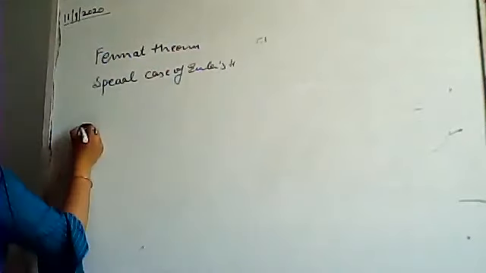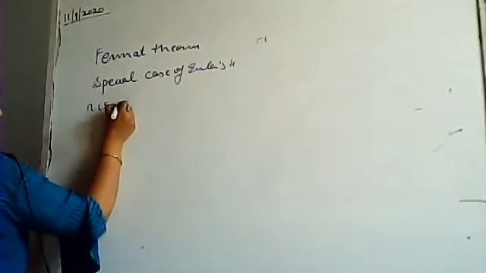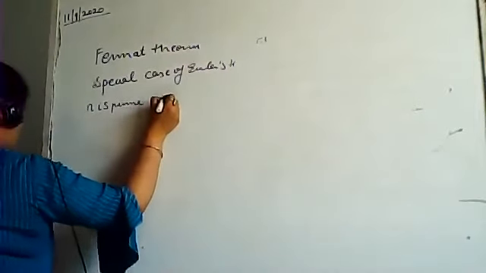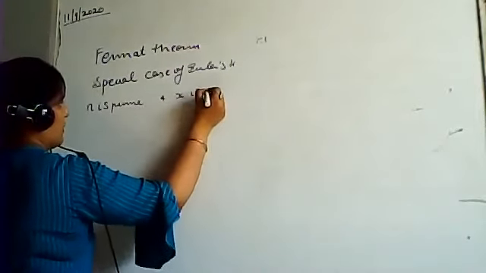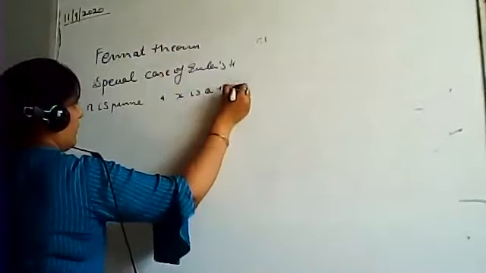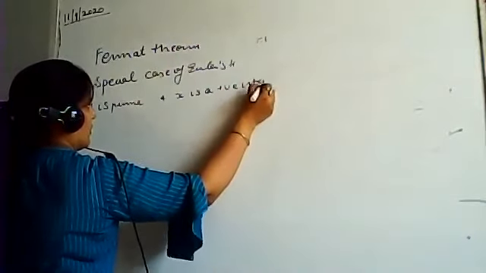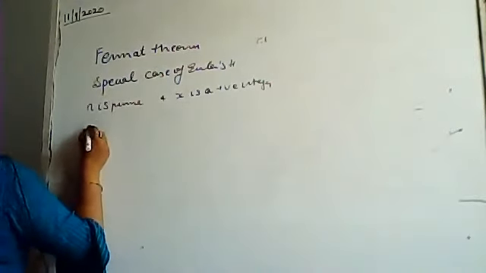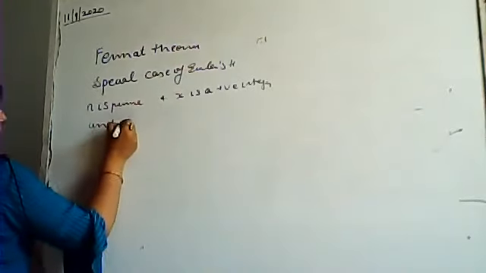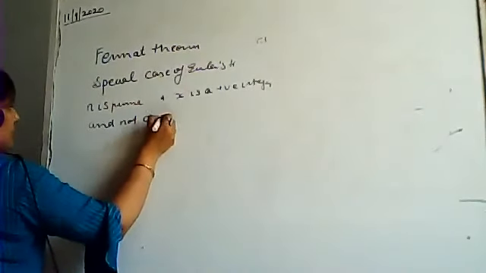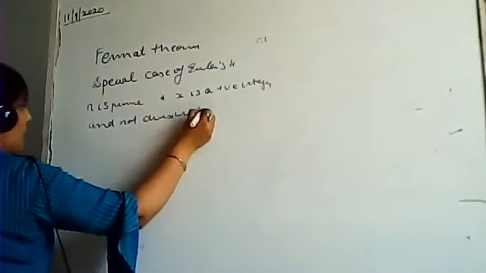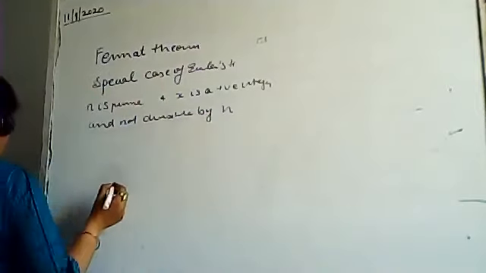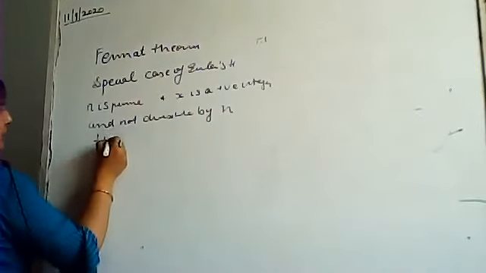Okay? So what it says is that if n is prime and x is a positive integer and not divisible by n, then what will happen?